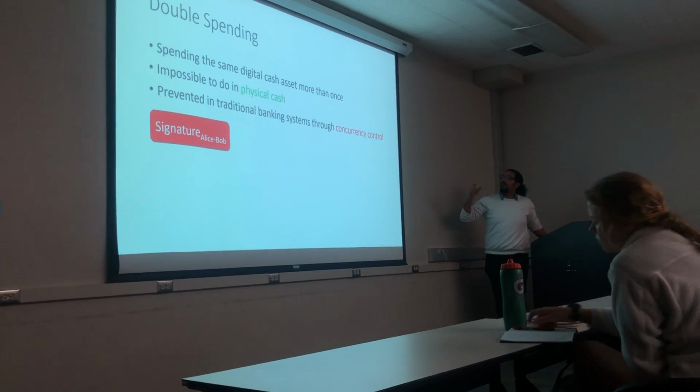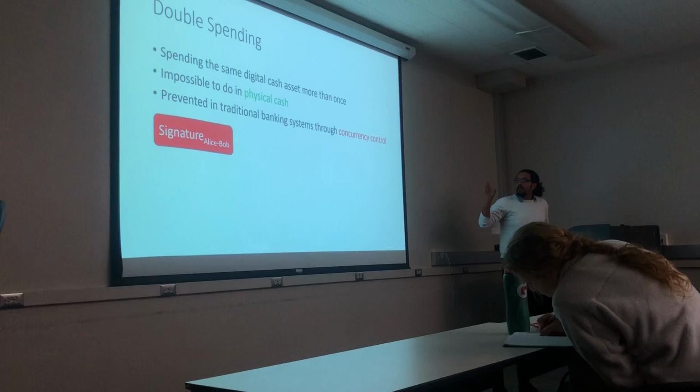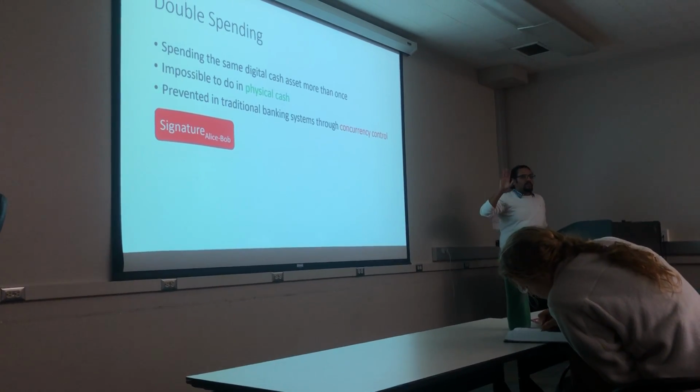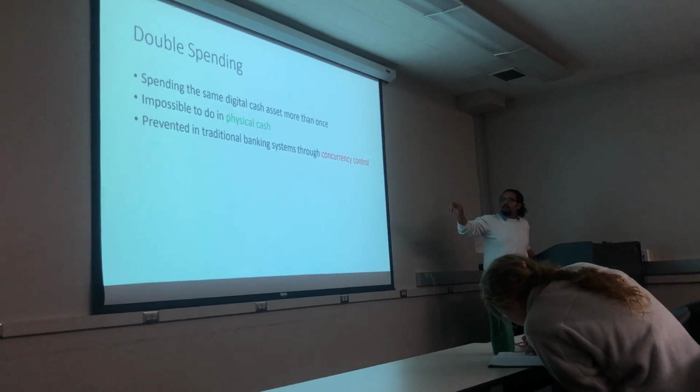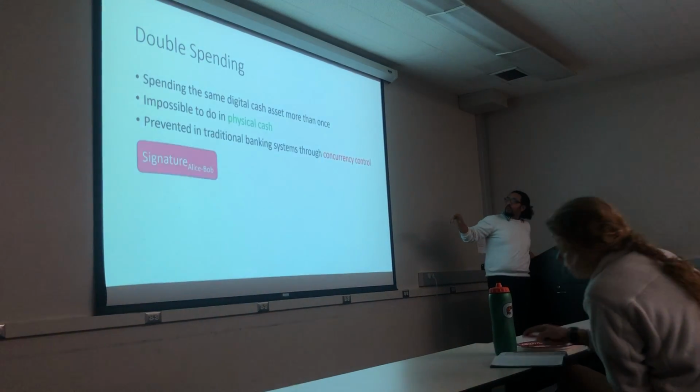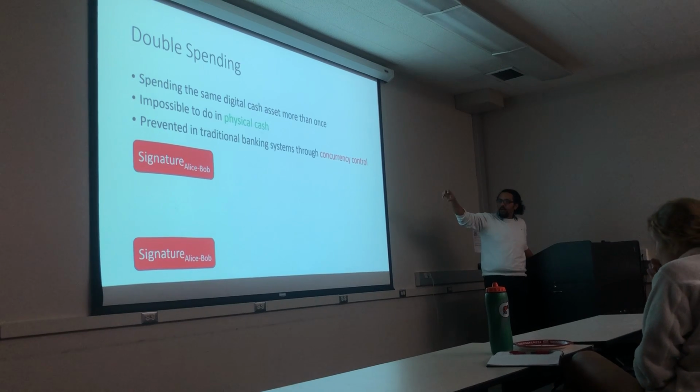All right, so let's look at double spending in the case of Bitcoin. So far, we talked only about signatures. If I'm Alice, I can sign my coin to Bob.